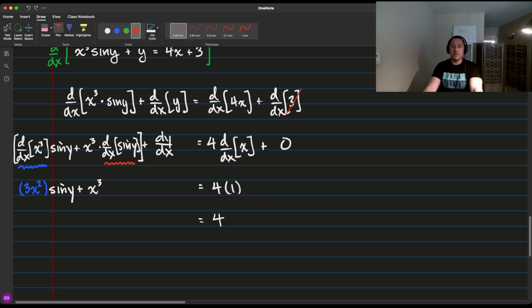The independent variable is y, so I'm first going to take the derivative with respect to y of sine y. And then I'm going to multiply that by dy dx. And then don't forget that you have this other dy dx over here.